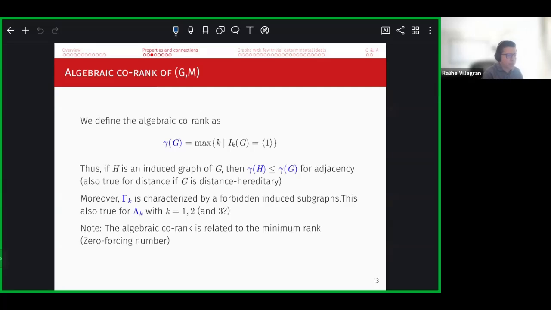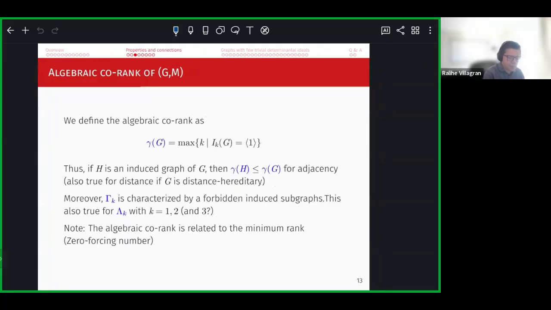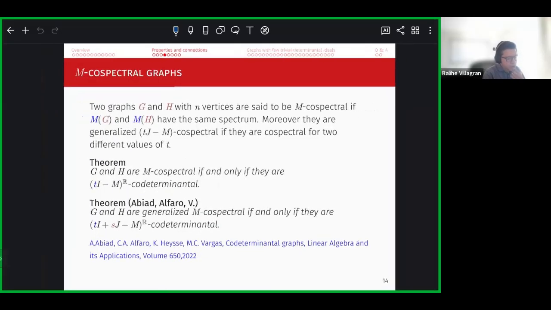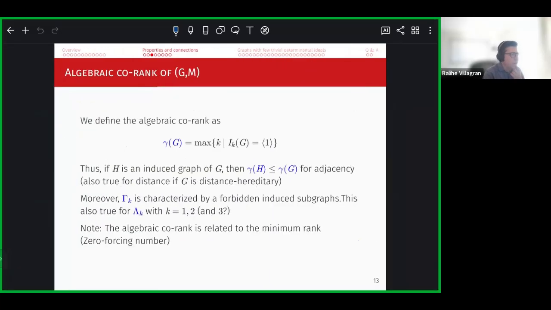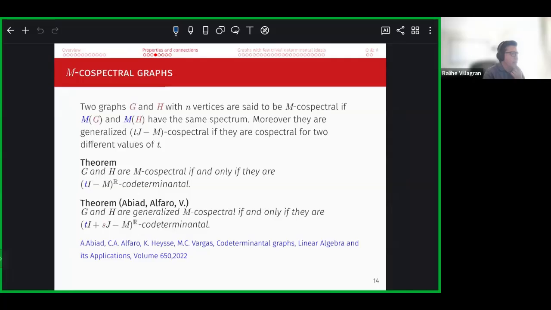Also, the algebraic rank has been related to the minimum rank problem or zero forcing in spectral graph theory, just to mention it. Talking about spectral graph theory again, we know that two graphs are M-cospectral if and only if they are co-determinantal for this matrix.